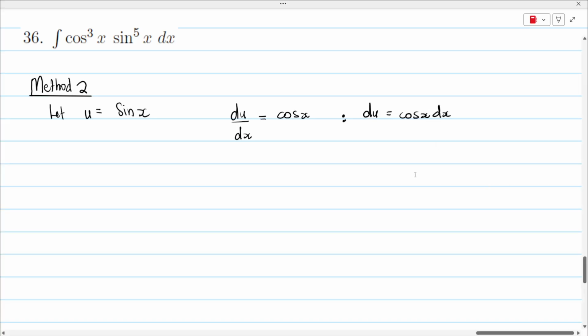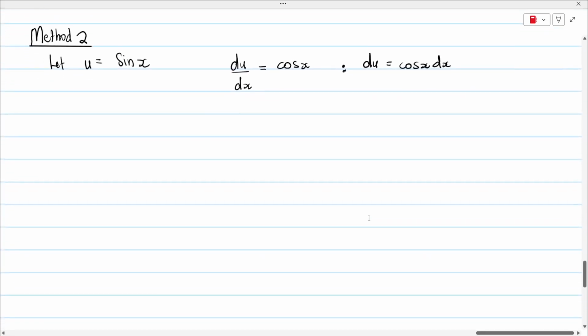Because I now have this, the next thing I want to do is to rewrite my expression. My expression is evaluating the integral of cos 3x sine 5x dx.